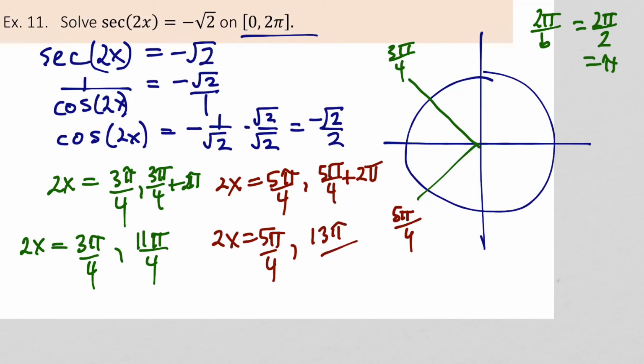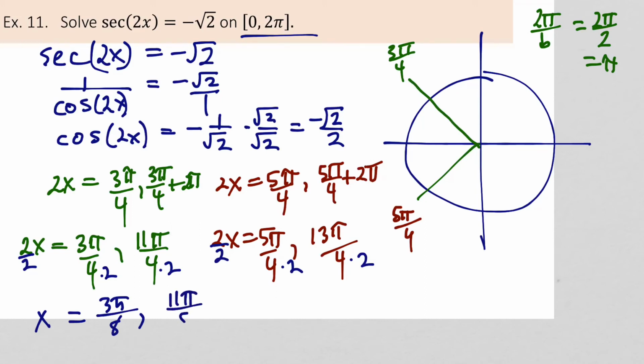All right, so the last thing to do then is to divide by 2. So I'm going to divide by 2 for all of these angles here to get my final values for x. So I'll get x is equal to 3 pi over 8, 11 pi over 8, 5 pi over 8, and 13 pi over 8.